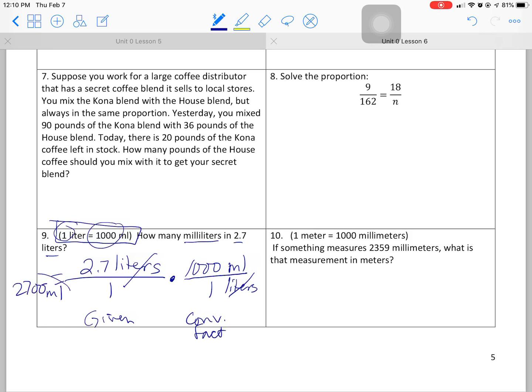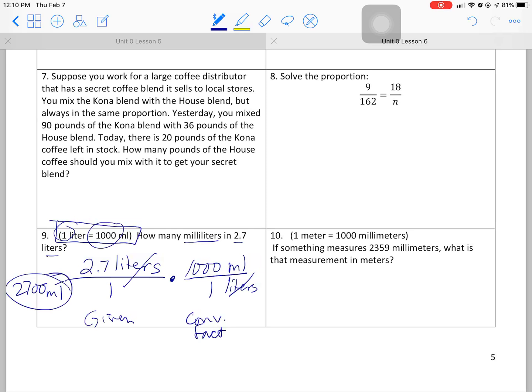2,700 milliliters. And I want you to take a minute and make sure it makes sense. You're given liters. That's a big quantity, and we're going from big quantity to little quantity, right? So it makes sense. I have a 2-liter Pepsi and 0.7 of another one. How many milliliters is that?